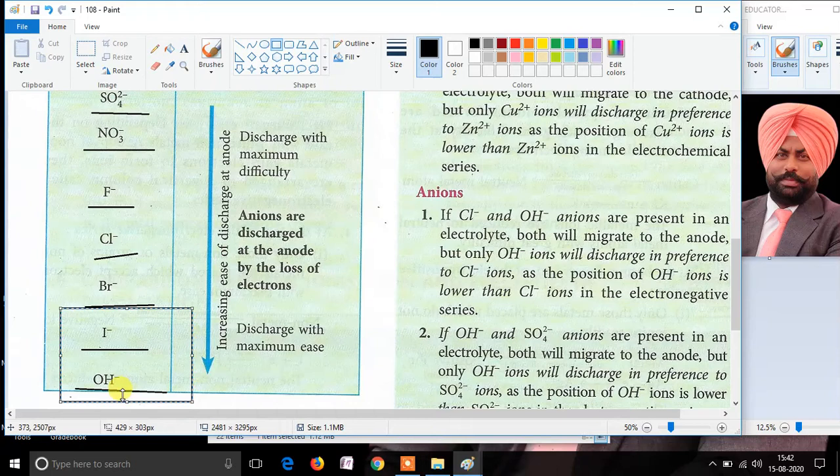Hence, we can say the elements which are placed on the top form the ions much more easily, but they don't migrate easily, and those which are placed at the bottom form the ions less readily, but they migrate towards cathode and anode much more easily.